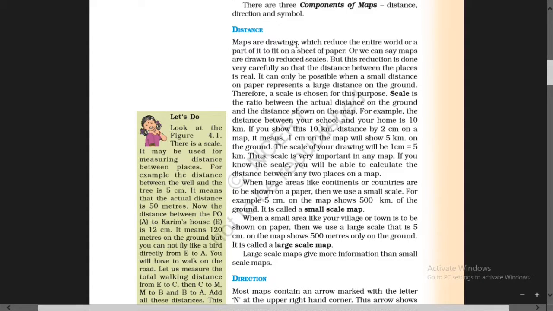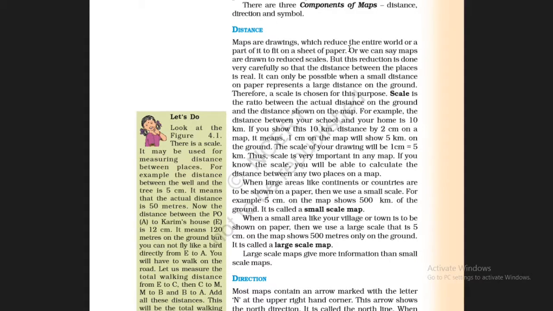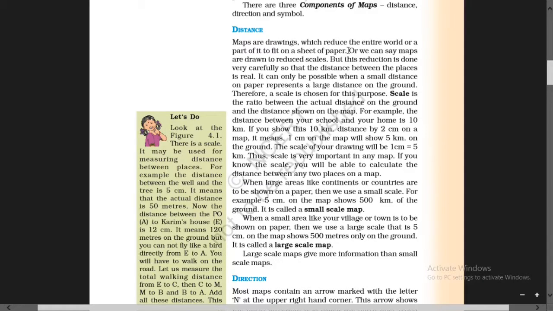Maps are drawings which reduce the entire world or a part of it to fit on a sheet of paper. Its size is reduced here.